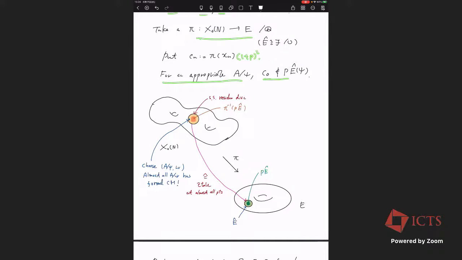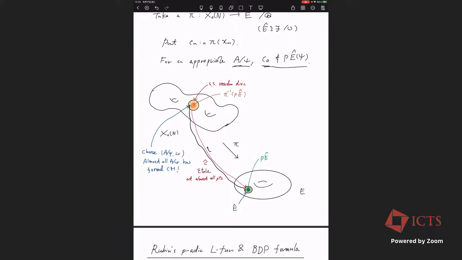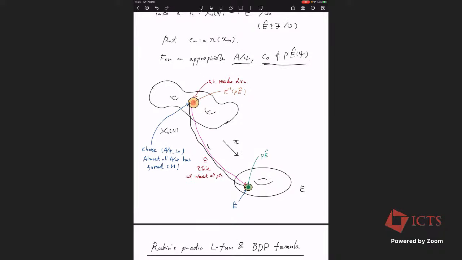So p hat is here, and the inverse image is here, but this is isomorphic. So we choose some point around here, and by the isomorphism we choose a point here, and almost all points have formal CM. So we get an appropriate elliptic curve A, and by construction it satisfies this. This is our idea. So formal CM points are really easy to handle compared with true CM points.